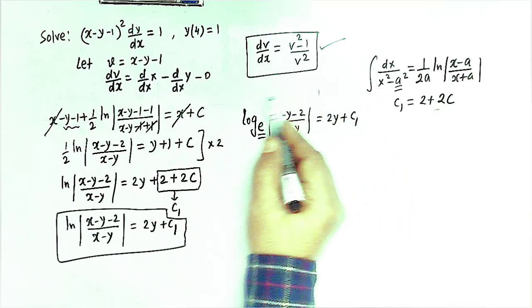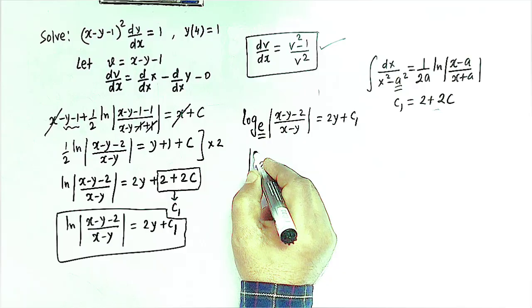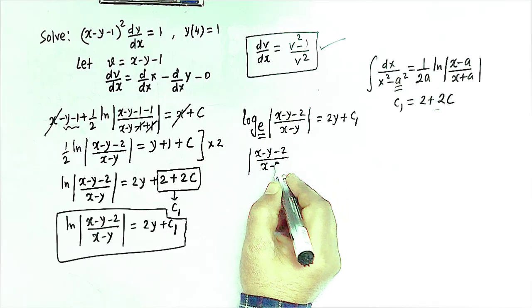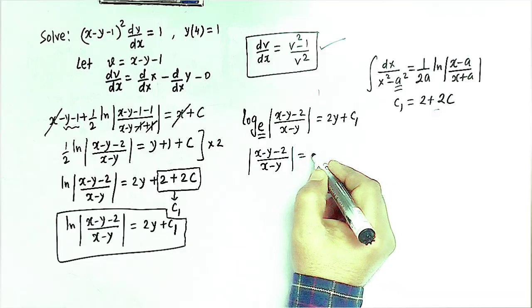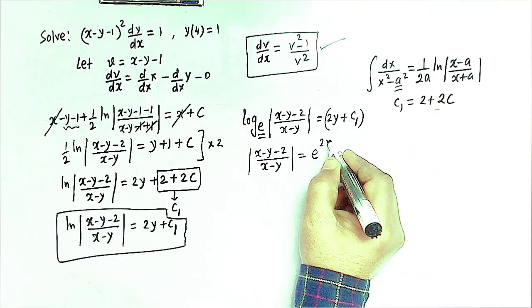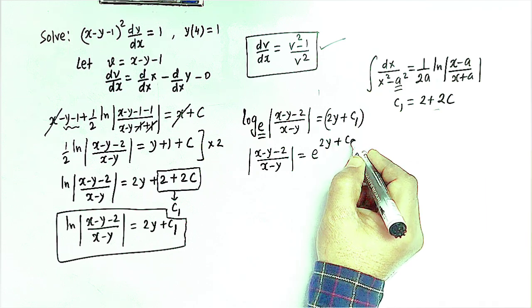So now we can also write this expression as absolute value of x minus y minus 2 over x minus y is equal to e raised to this quantity, that is 2y plus c1.